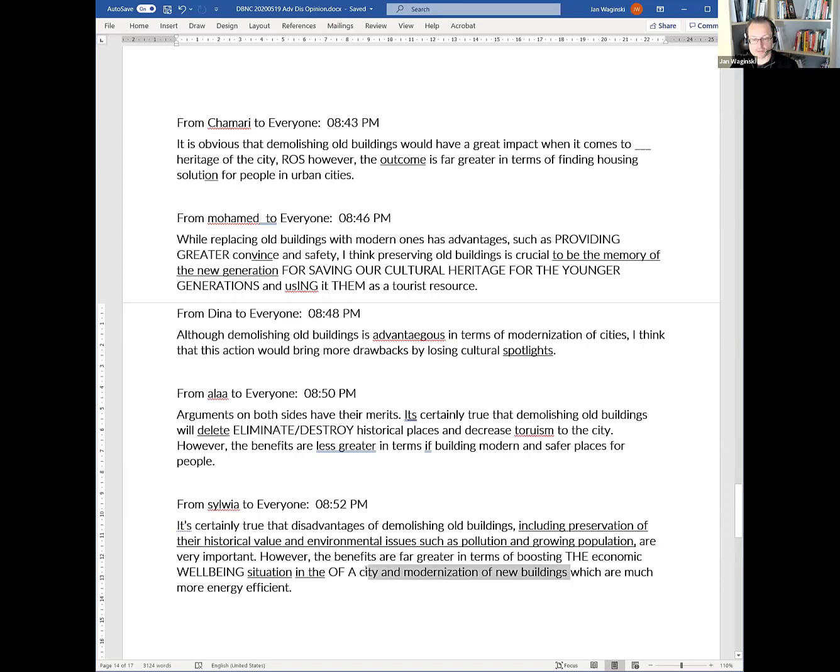This is circular, modernization of new buildings, because you're saying the benefits of knocking down old buildings are the modernization of new buildings. It doesn't really make sense. So, just new buildings? Benefits are far greater in terms of X and erecting new structures which are more energy efficient. So you could do it that way.